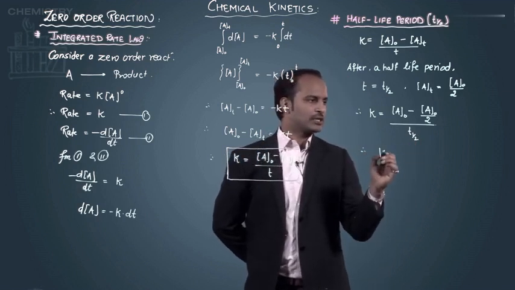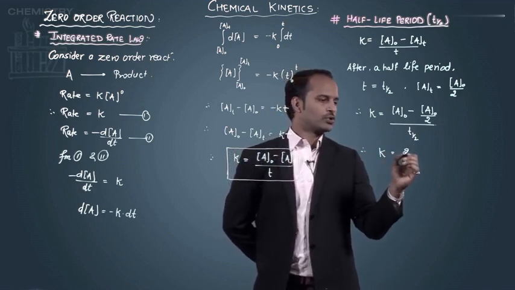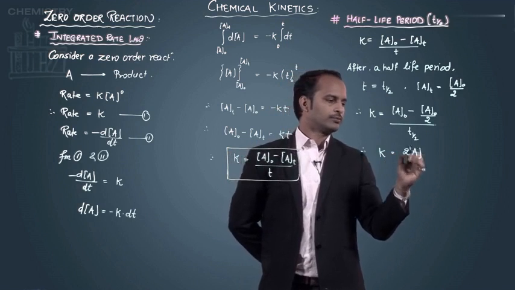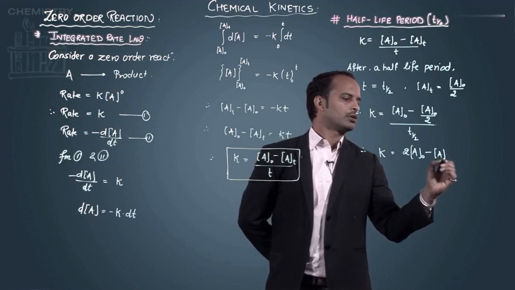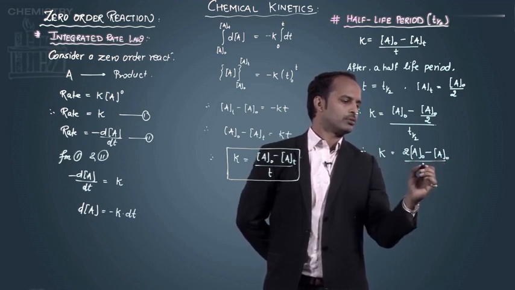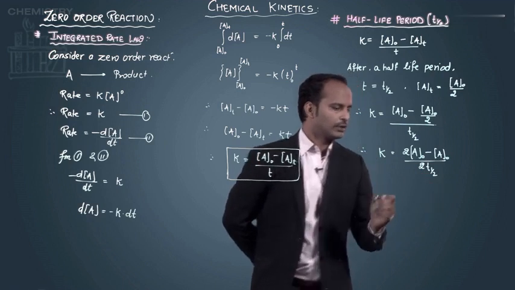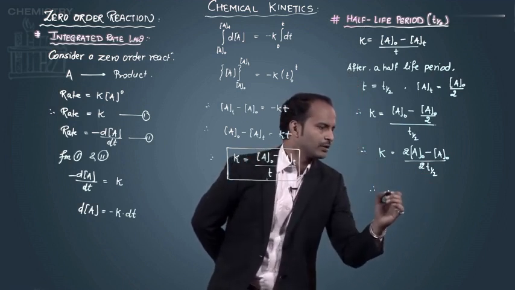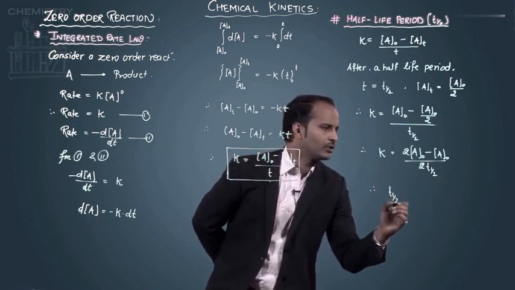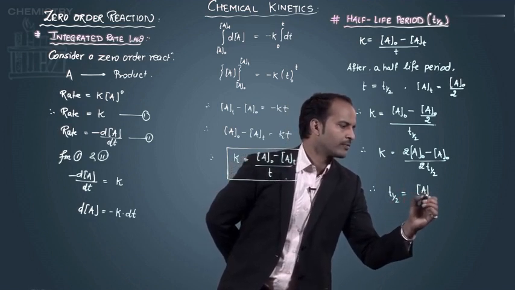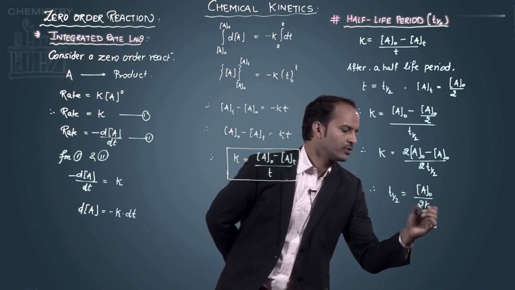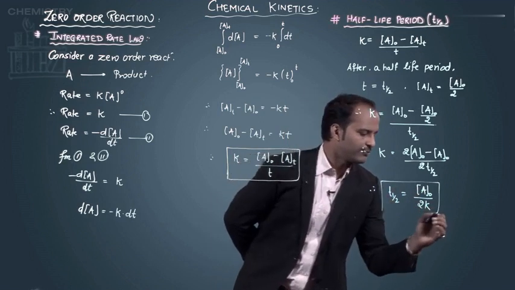Therefore, K is equal to 2 A naught minus A naught upon 2 T half. Therefore, T half is equal to A naught upon 2K. So we got this formula for half-life period.